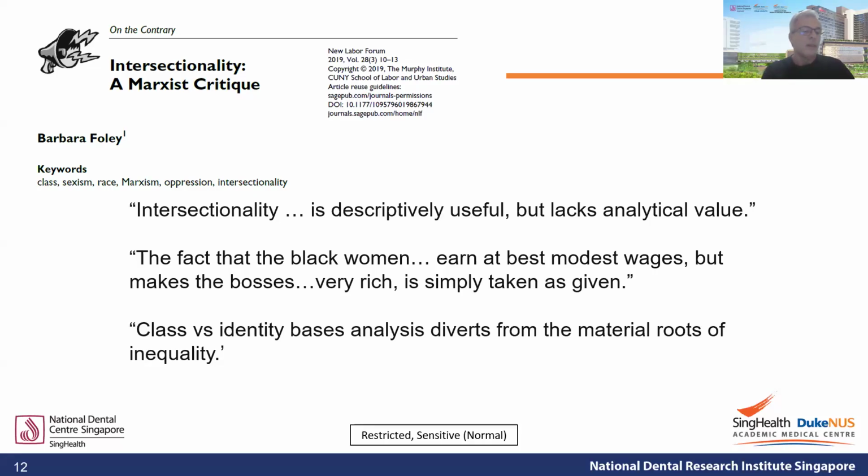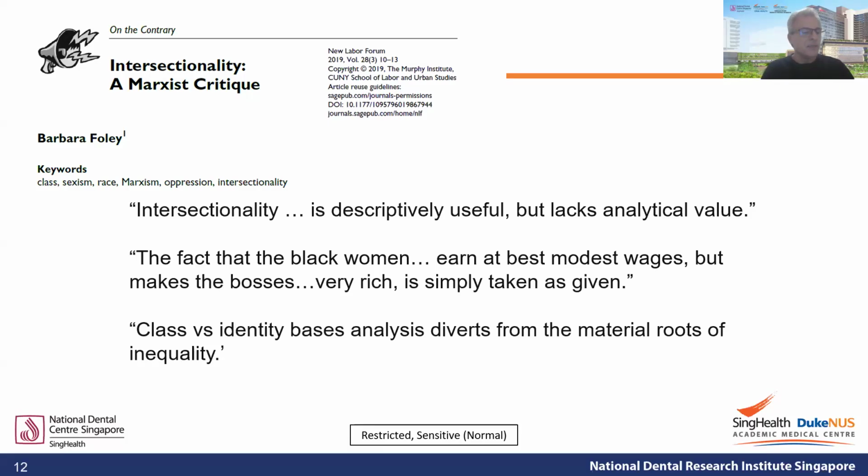According to her, Kimberlé Crenshaw, the person who proposed intersectionality, used a metaphor of the crossroad where race and gender intersect in a spatial, two-dimensional way, failing to consider deeper material structures. Rather than addressing the foundational terrain on which oppression is built, it primarily describes symptoms. Foley contends that an emphasis on identity, such as race and gender, can obscure issues of class exploitation.